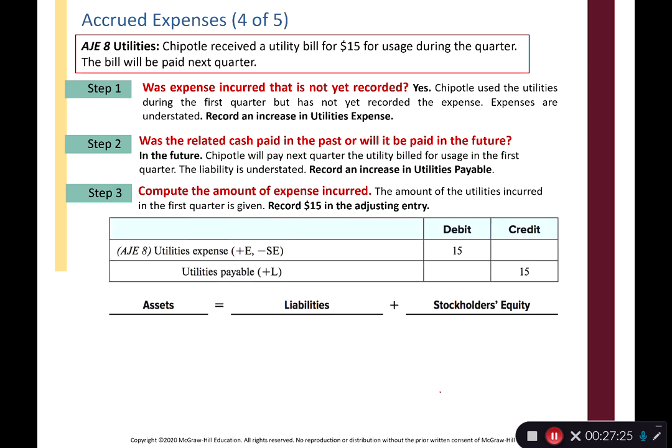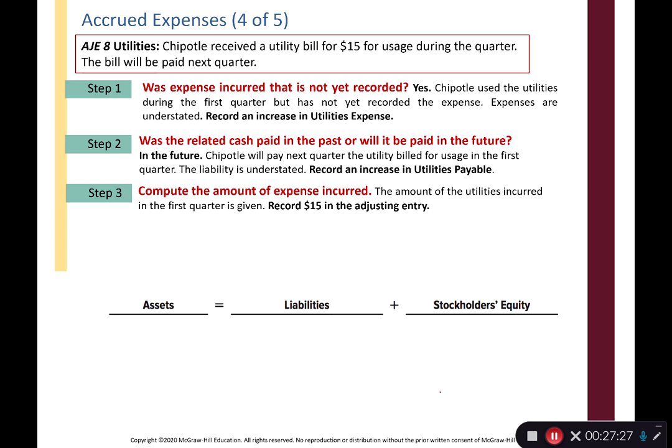So under our accounting equation, we're going to see that we have our expense going up. Again, I'll expand my model to include my income statement here. Expenses go up because we've used them. That makes net income go down, and therefore our equity go down. And then we haven't paid it yet, so we owe more, so our liability would go up.